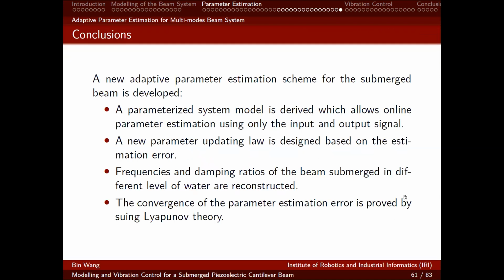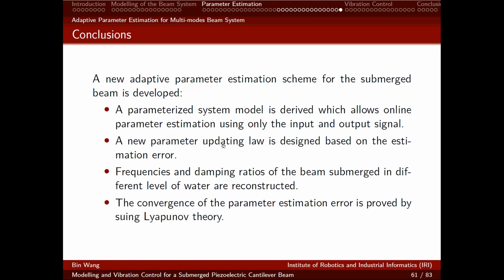In this part, we have the following conclusions. A new adaptive parameter estimation scheme is developed for the submerged beam. Specifically, a parameterized system model is derived that allows online parameter estimation using only the input and output signal.